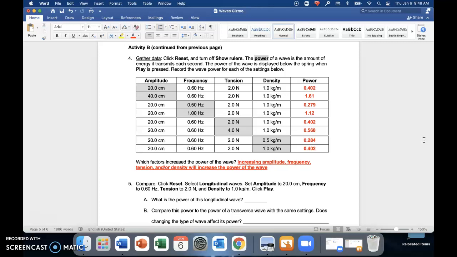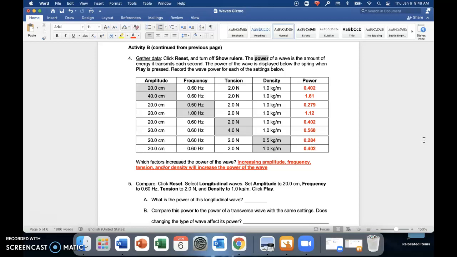Okay, we moved then to frequency, and you doubled your frequency. Again, you can see that the power was increased, so increasing frequency increases power. In part 3 there, we doubled the tension. We see a slight increase in power here also, and then when we doubled the density, we see again a slight increase in power.